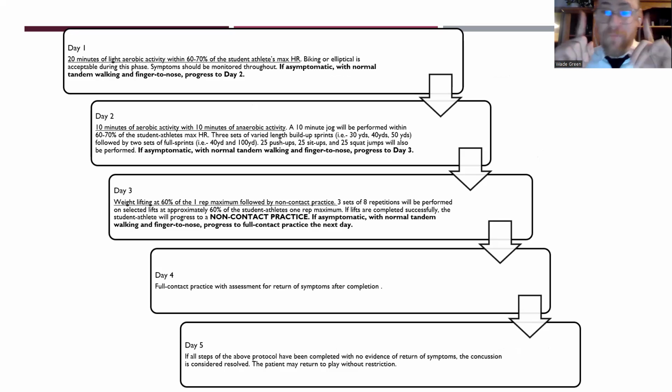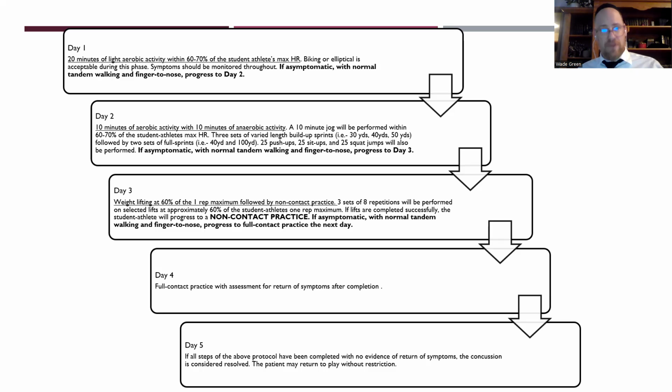This is different than determining the subsymptom threshold for daily activities, because at this time they're symptom free, and we take essentially 220 minus their age to determine their max heart rate. And we take them through a 20-minute bike ride. That's normal. We test tandem walking and coordination.